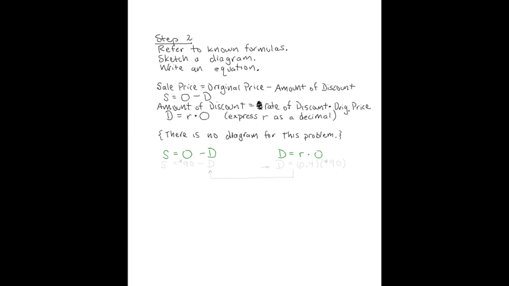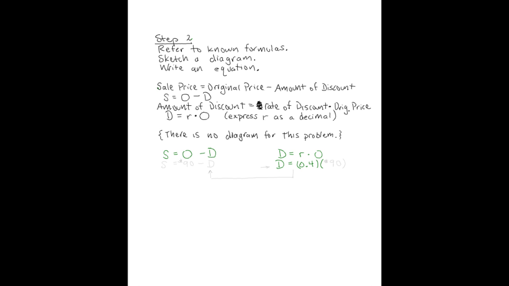Let's start over there. So the discount D is going to equal little r. Little r is given to us in this problem as 40%. We have to write that as a decimal. So that's going to be 0.4.